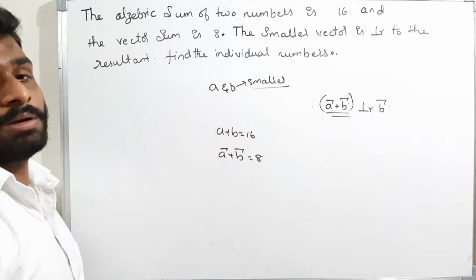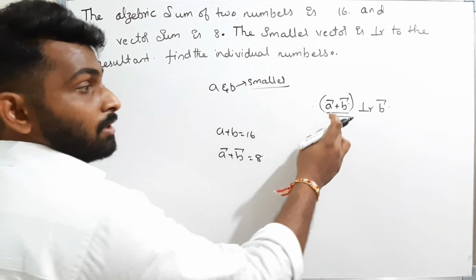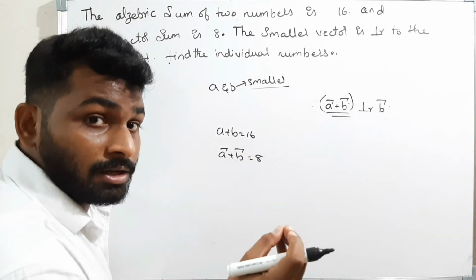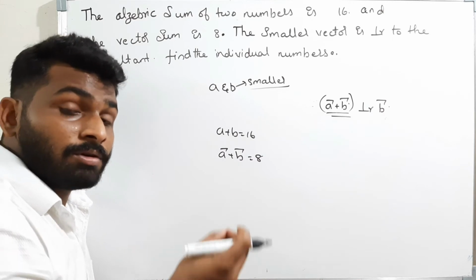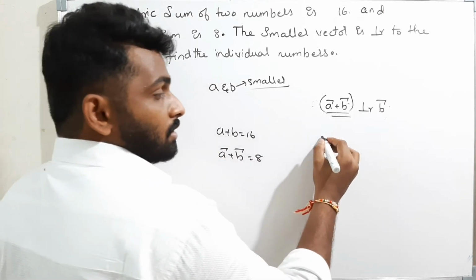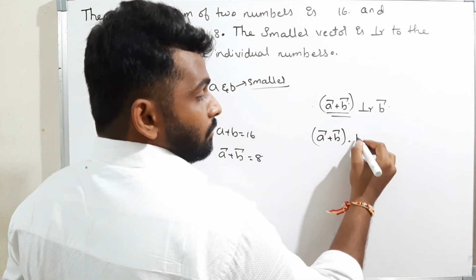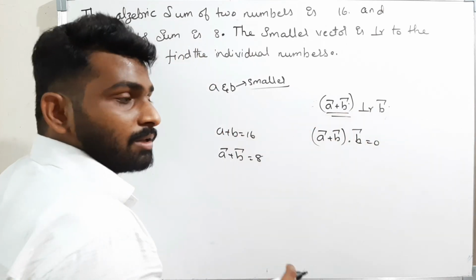They told us to find the individual numbers. Now how can I do it? They gave me one hint: the resultant is perpendicular to B bar. When two vectors are perpendicular to each other, the dot product will be 0. That is, A bar plus B bar dot B bar will be equal to 0, because the angle between them is 90 degrees.